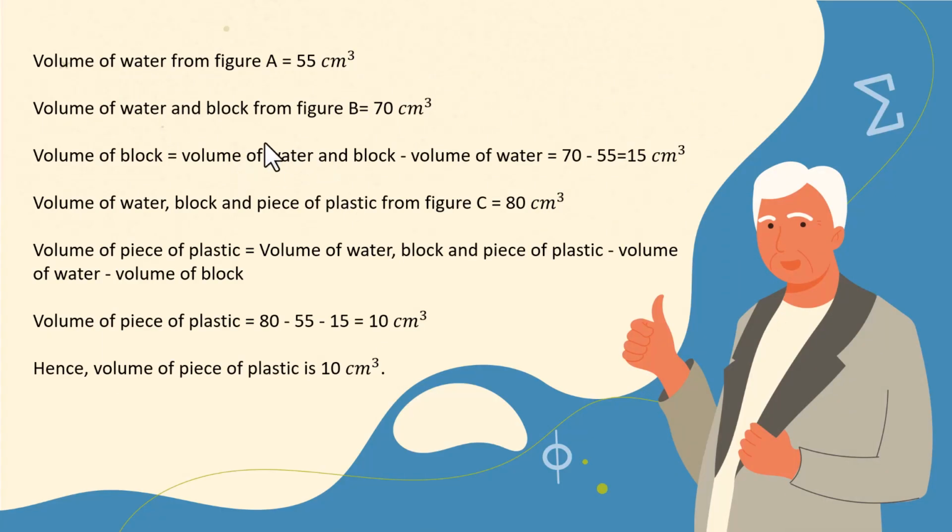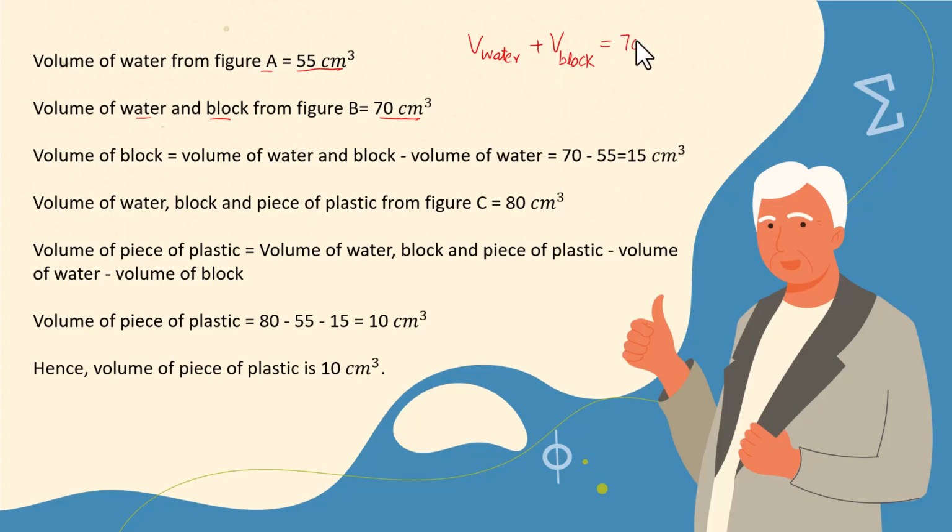First of all, the volume of the water from figure A is 55 cubic centimeters. The volume of the water and the block, both of these volumes, is given in figure B. It is 70 cubic centimeters. Then you can easily calculate the volume of the block. Just write here: volume of water plus volume of block.